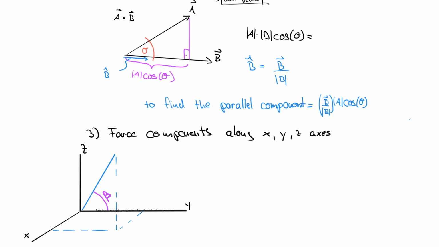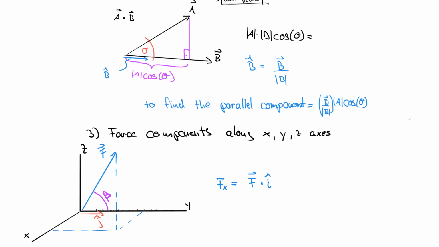And now if I include my base vector, which on the y-axis would be nothing else than j hat. And so now you can imagine that if I have a vector here, and let's call that F vector, I can find Fx by dotting it onto i hat. So Fx is nothing else than F vector dot i hat.